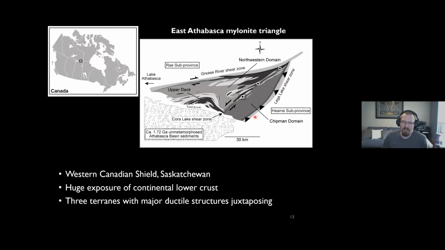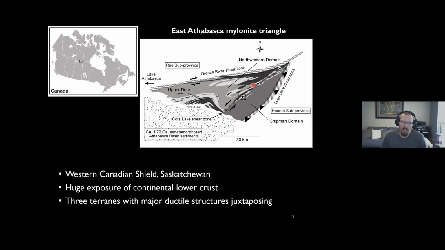It's a fun place to do field work because there's a tiny little town right about here where you park your truck and then you get on a little float plane and it goes buzz, and it flies and lands you on one of the many, many glacial lakes that have been eroded into the surface here, because this whole area has been really nicely polished by ice sheets. It's a great place to study all sorts of lower crustal stuff because this whole triangle that I'm showing you here is hundreds of square kilometers of pretty well exposed, glacially leveled, isobaric lower crust.